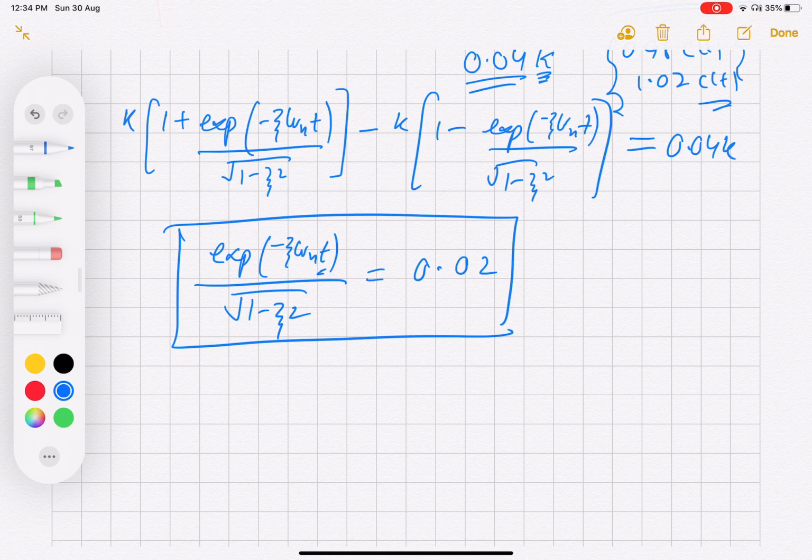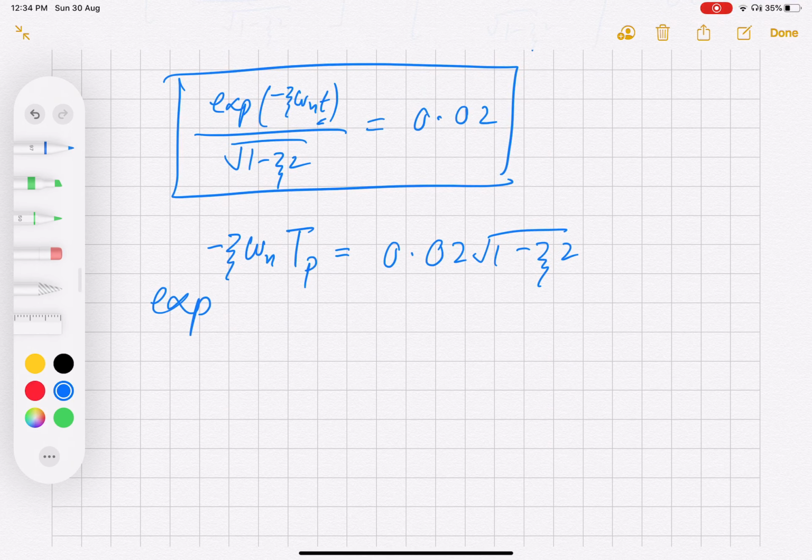So you can simplify this and take this as minus zeta omega, and I write Ts here, exponential is equal to 0.02 under root of 1 minus zeta square.